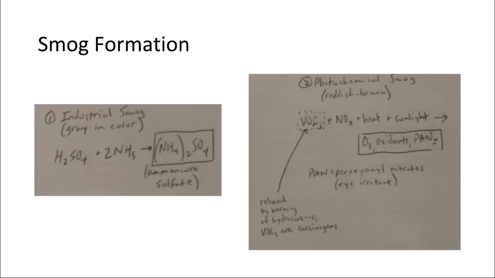Different oxidants and peroxyacyl nitrates, which are upper respiratory irritants, are also formed. The reason that it's reddish brown is because the NOx gases are that color.